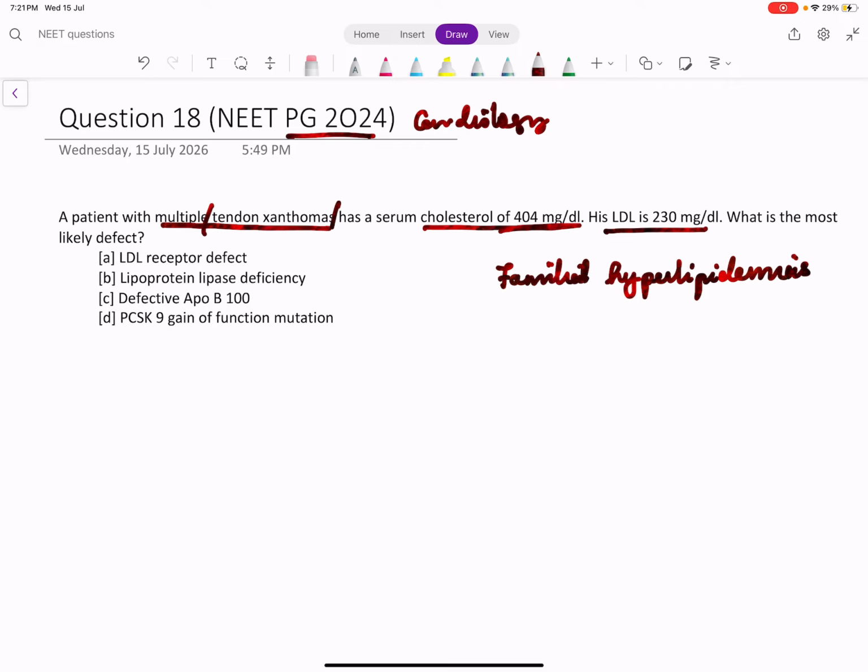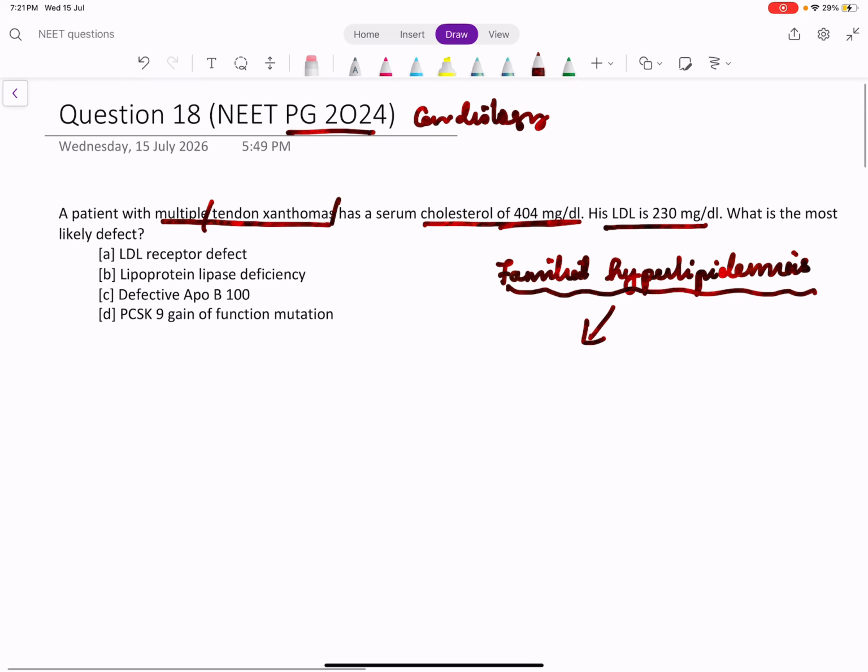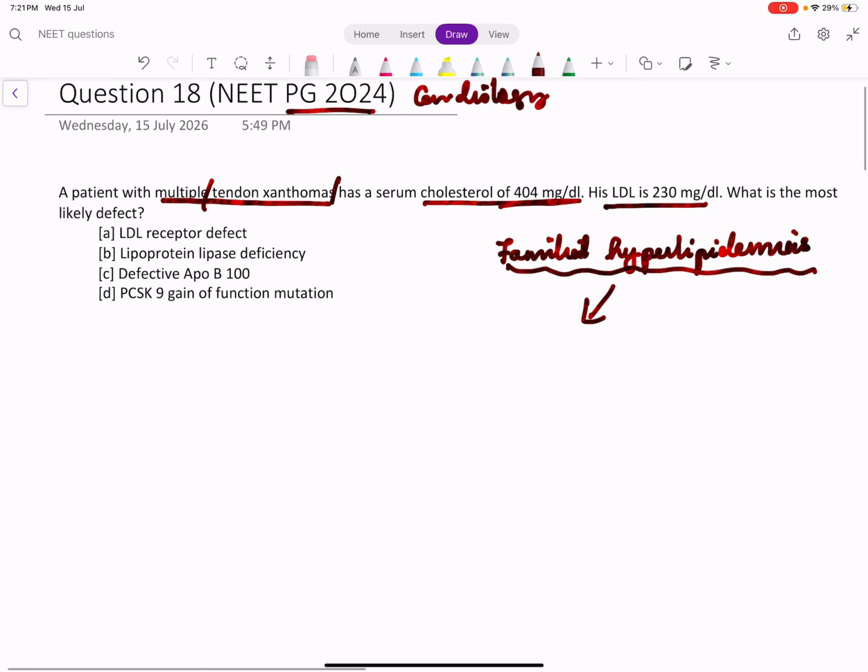If any of these variants is high, it is called familial hyperlipidemia. Based on the clinical clue, the genes, and the type of lipid which is high, it is of 5 different types. Fredrickson's classification. Tendon xanthomas are very, very typical of familial hypercholesterolemia.